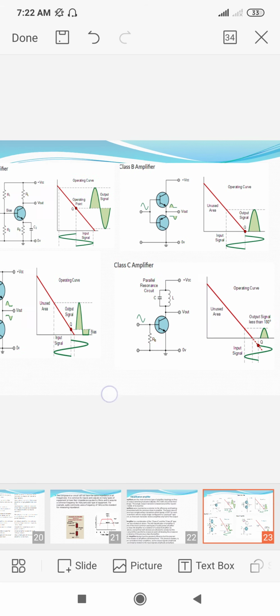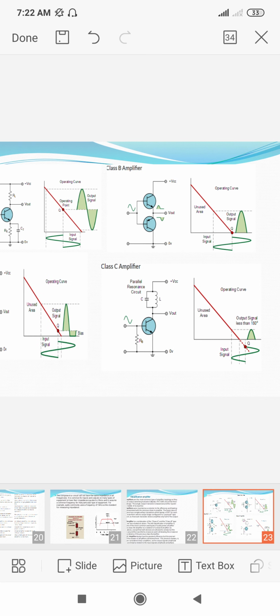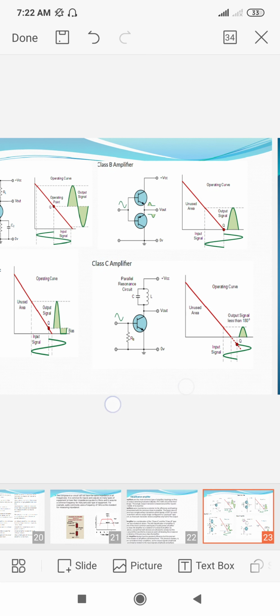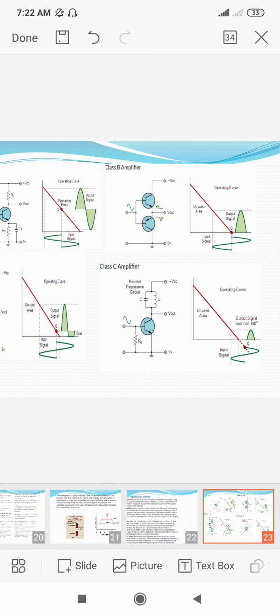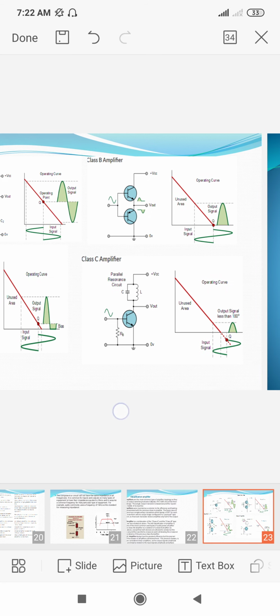And class C amplifiers. These are class C amplifiers. One transistor is connected with a parallel resonance circuit of C and L. The input is at the transistor terminal, and this is the output of the class C amplifier. In the graph, the DC load line is operating below the reference horizontal line.